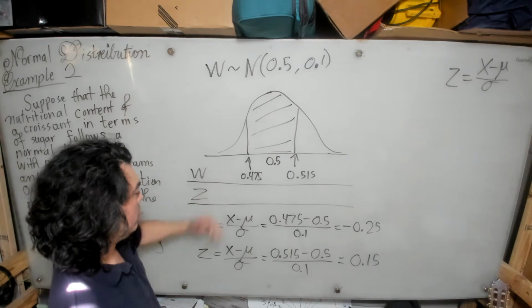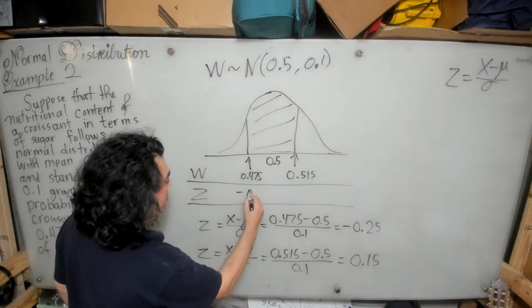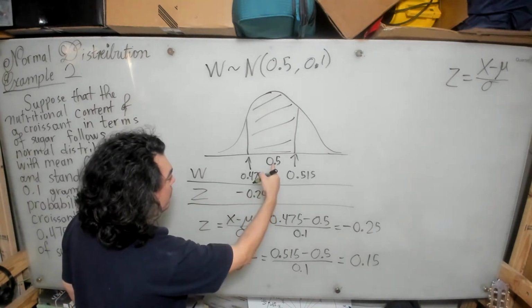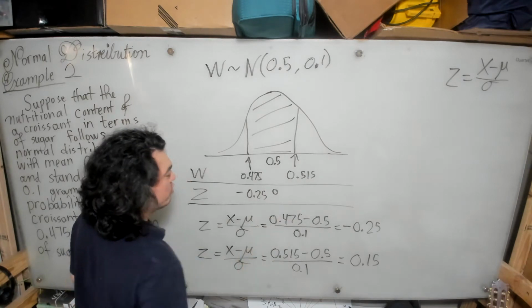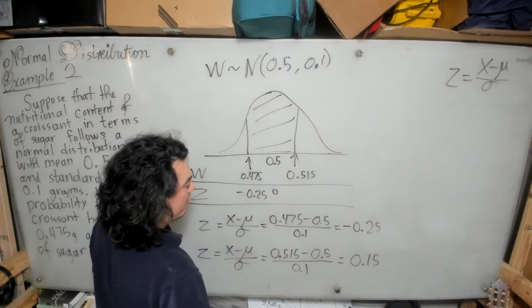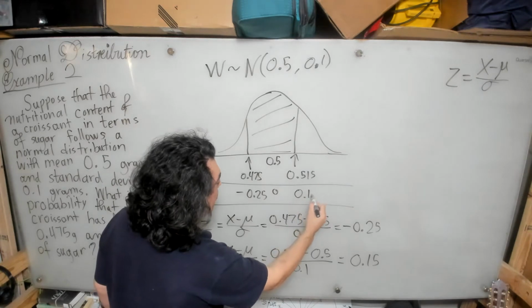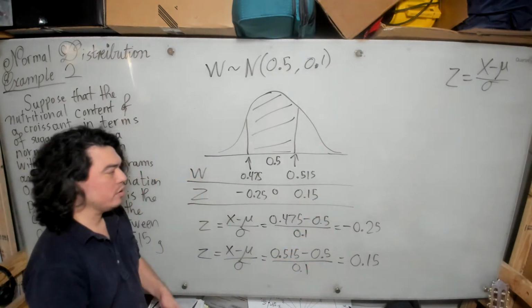So here, this will be negative 0.25. The mean here would, of course, have z-score 0. And 0.515 has z-score 0.15 as per our calculations.